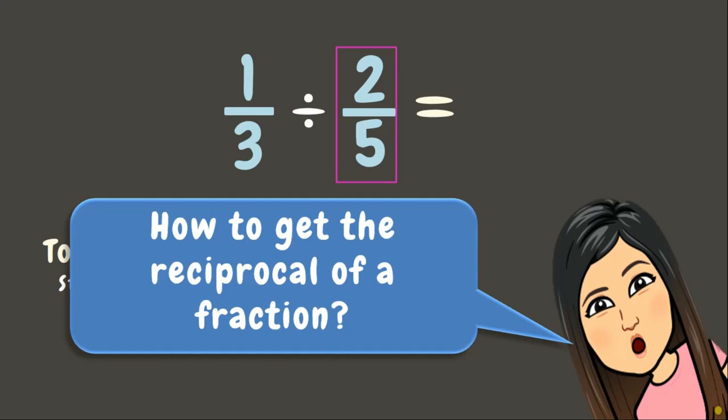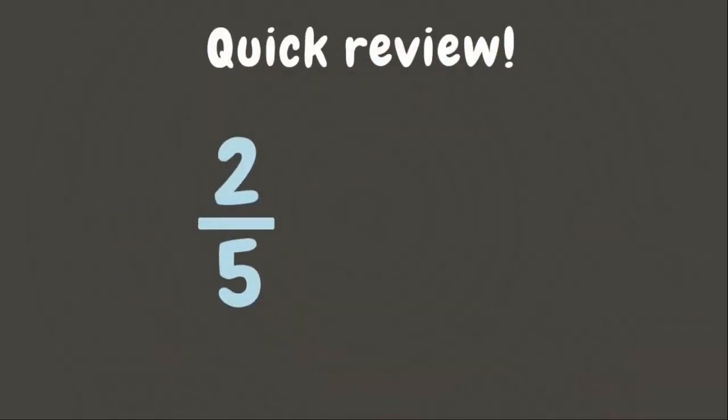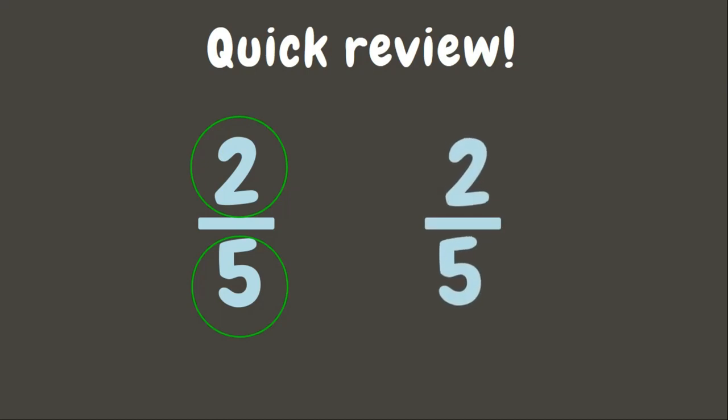Let's have a quick review. To get the reciprocal of a fraction, we just simply switch the position of the numerator and the denominator. There! Now, the reciprocal of 2/5 is 5/2.